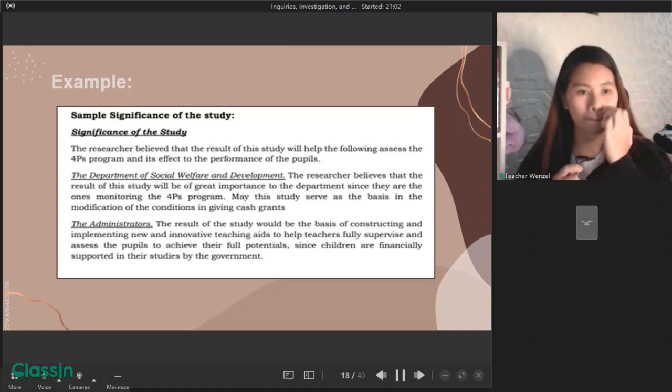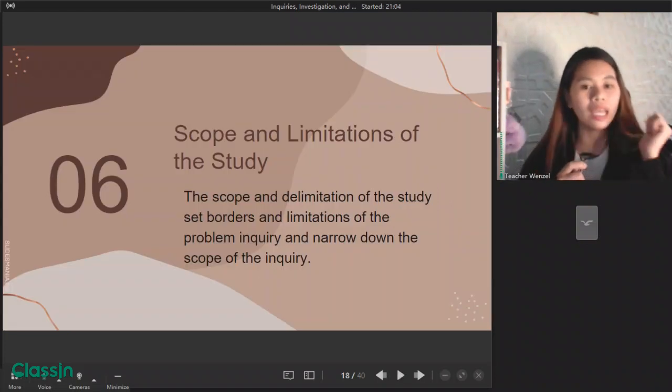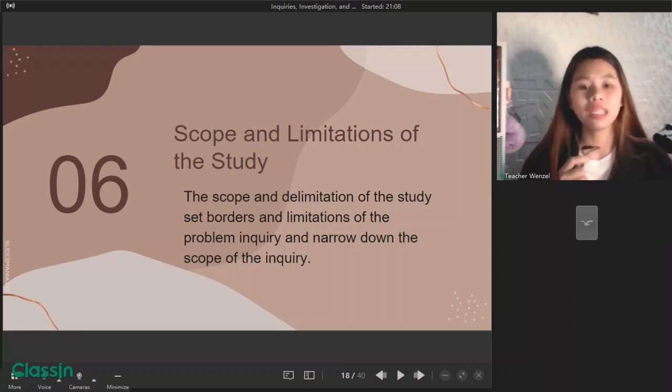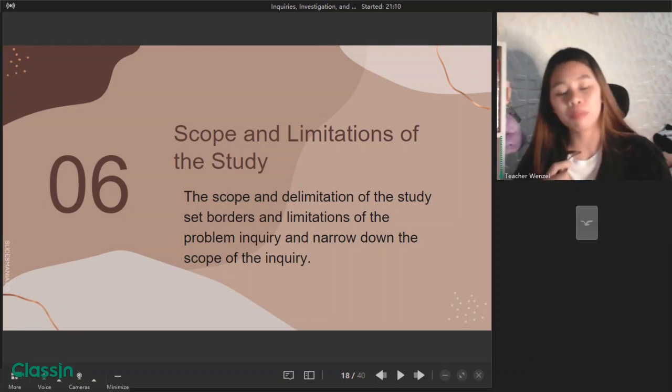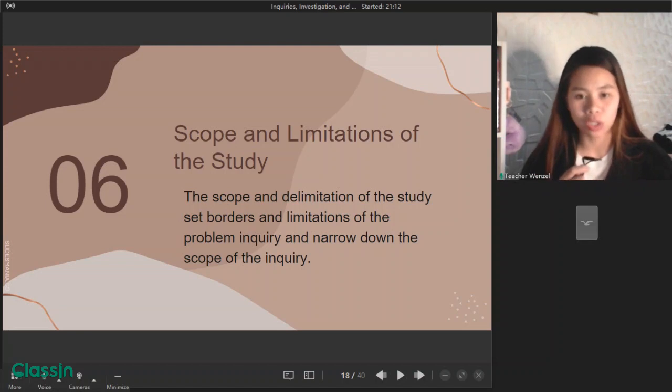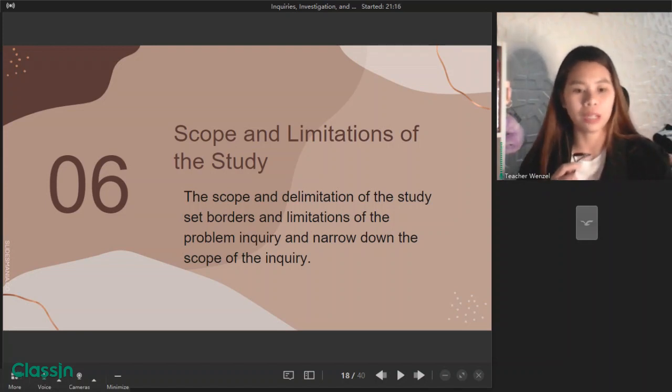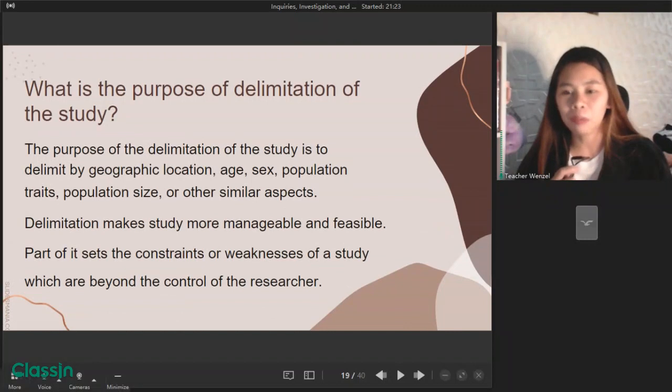So next, scope and limitation of the study. The scope and the limitation of the study set borders and limitations of the problem inquiry and narrow down the scope of the inquiry. What is the purpose of the limitation of the study?